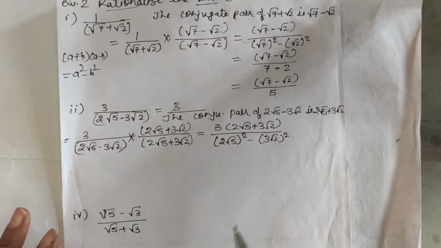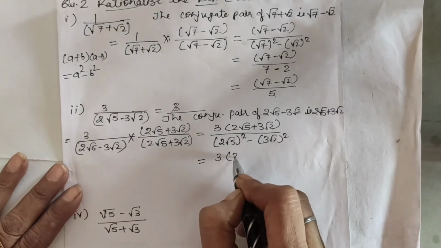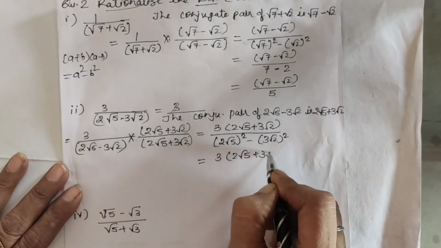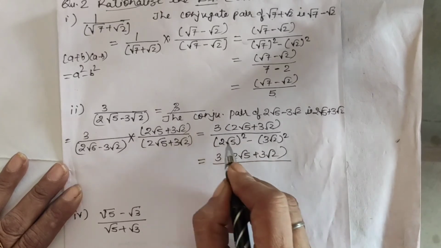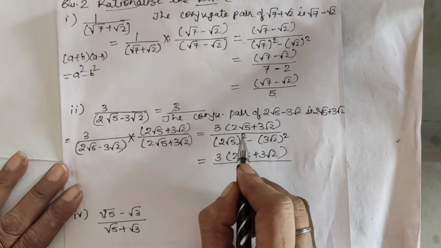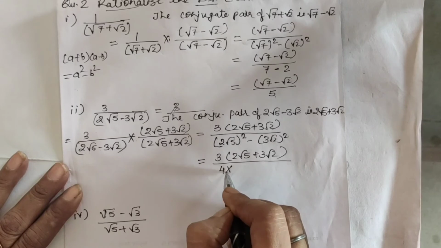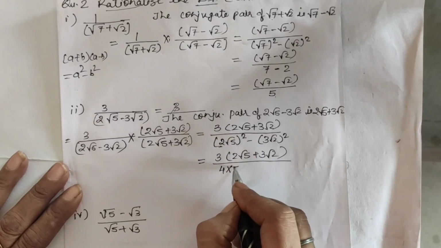Okay, now simplify. The numerator will be as it is. And now 2 root 5 whole square. See how to simplify: first you find the square of the whole number, that is 2 square, which is 4. Multiply root 5 into root 5, that is 5.